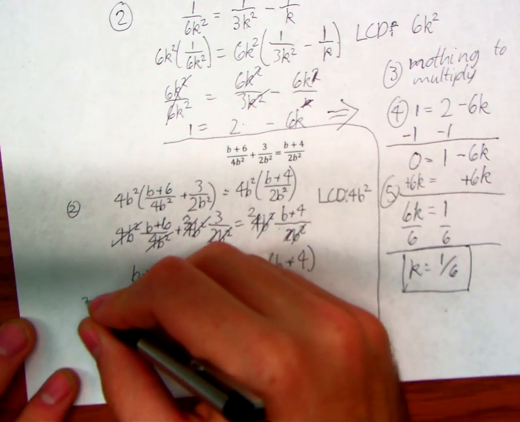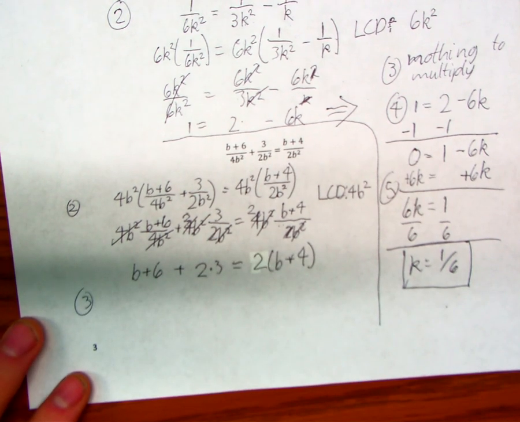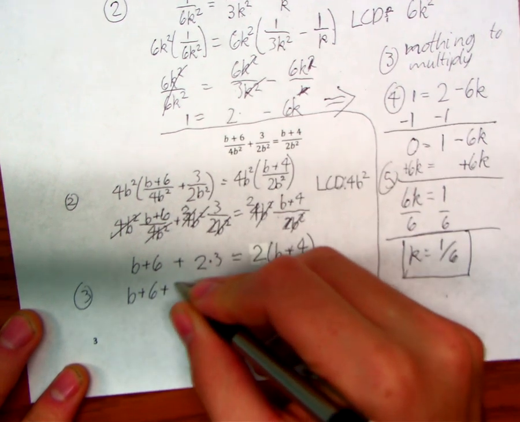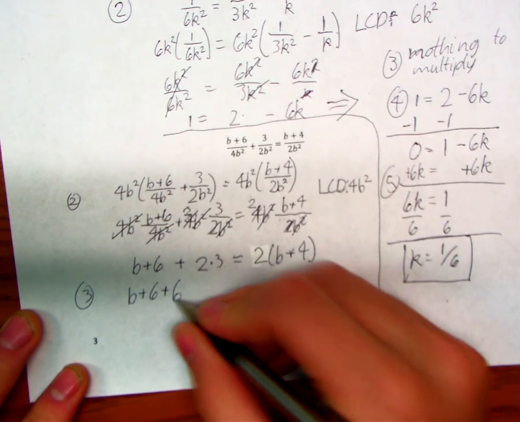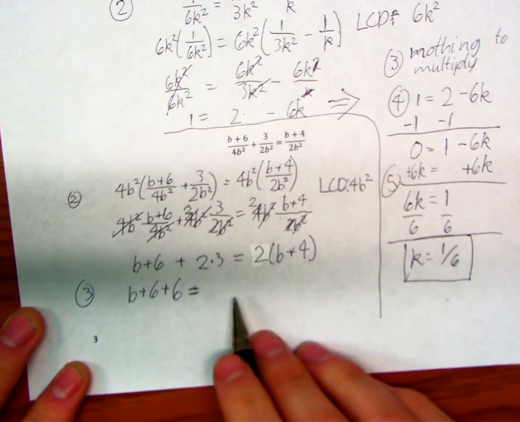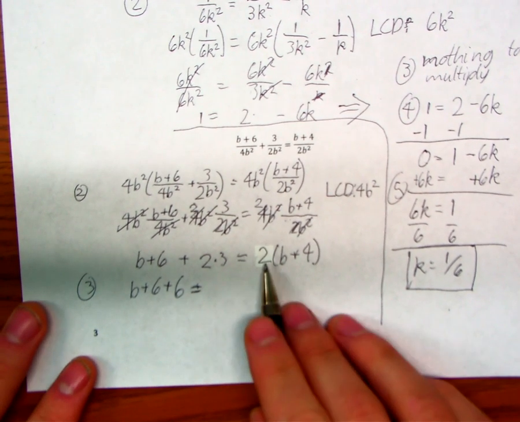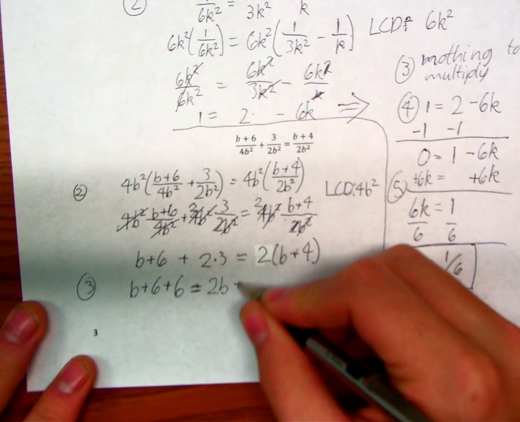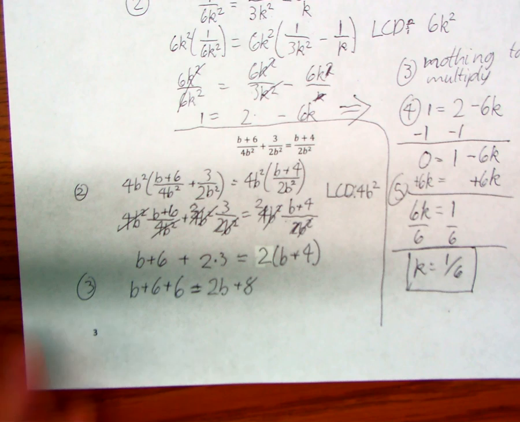Now, step 3 is to multiply everything. So I've got b plus 6 plus 2 times 3 is 6 is equal to 2 distributes into this factor, so 2b plus 8.